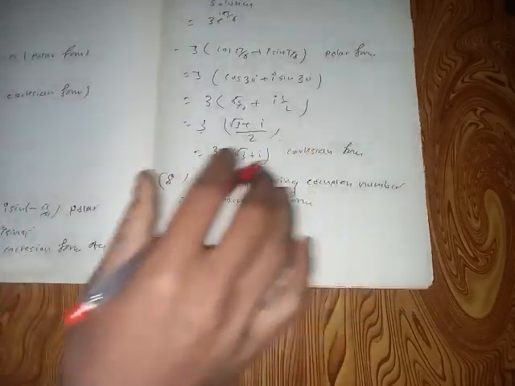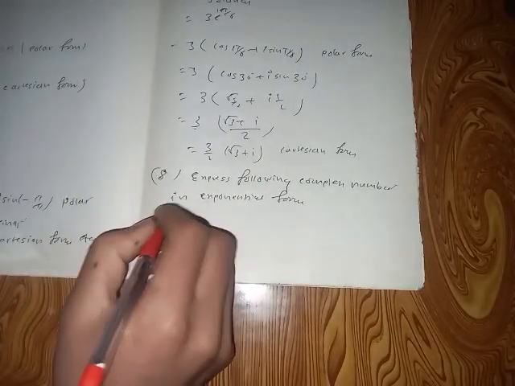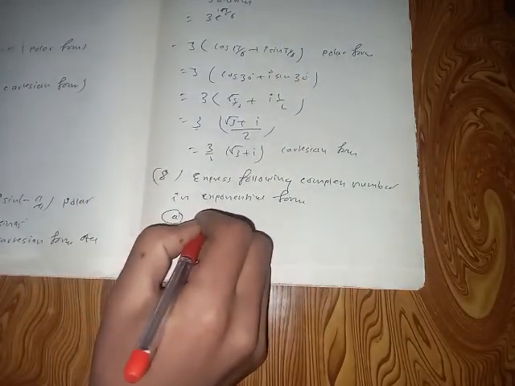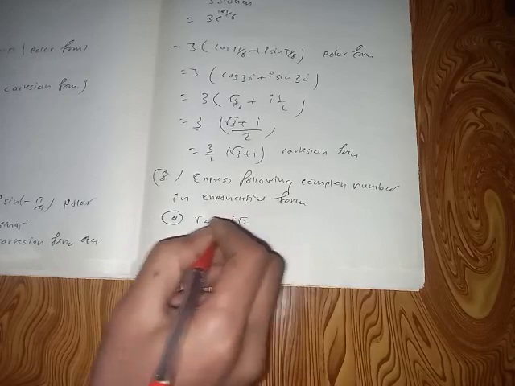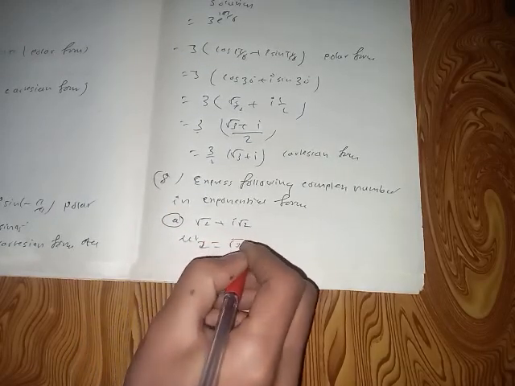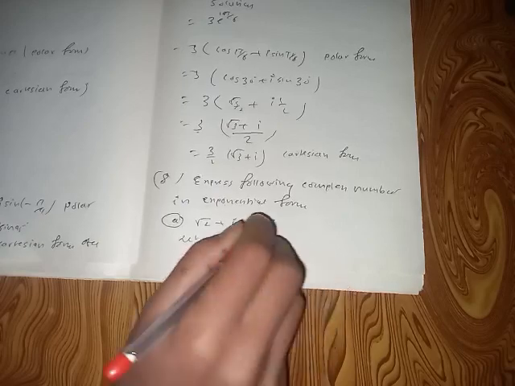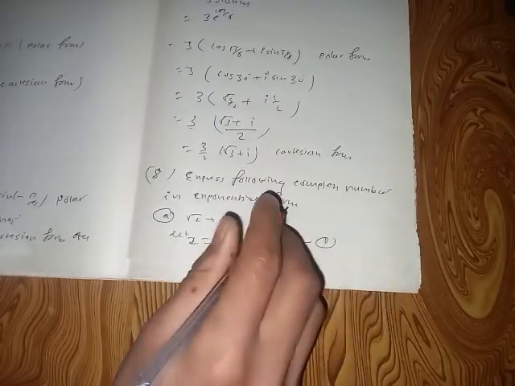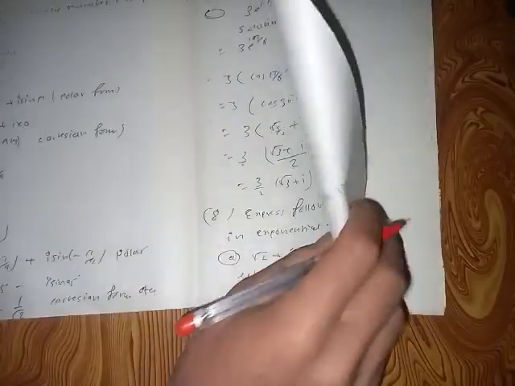The question is question number 1: under root 2 plus i under root 2. Let z be under root 2 plus i under root 2, equation 1. Here we compare with x plus iy.